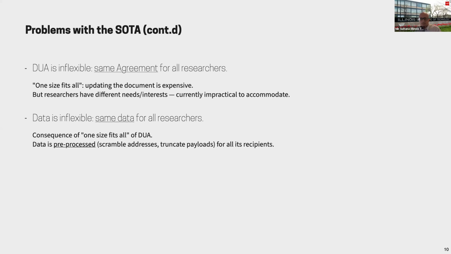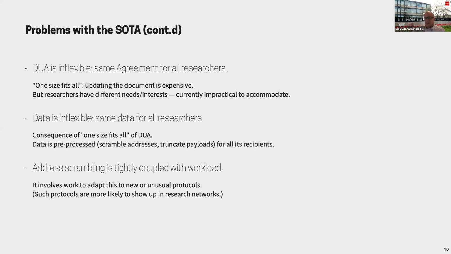And the data is usually pre-processed for that anonymization goal I mentioned earlier. And this is something that is coupled with what the data consists of, right? So if you happen to have a novel protocol, then you have to modify the part of the code that does the dissecting of protocols in order to make sure that no addresses make it through this protocol too.